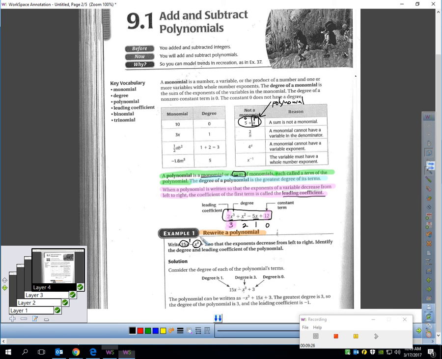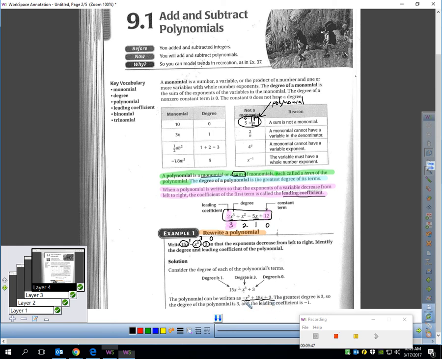This has a degree of 3 because it's third power, and a number has a degree of 0. So if I write this in descending order of degree, the negative x to the third power should be in front, which I have there. The plus 15x should come second, and the plus 3 should be at the end because that's 0 degree.